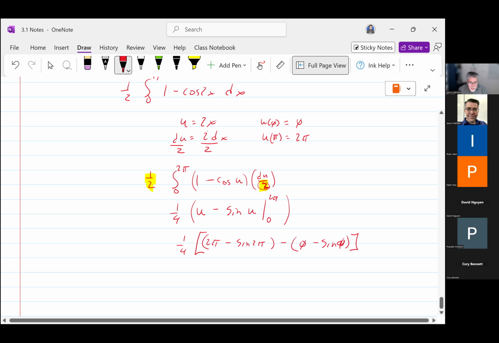Everybody knows that the sine of 2 pi is 0, for all you trig wizards. Everybody knows that the sine of 0 is also 0. So everything goes to 0 except for the 2 pi. The 2 pi is the only thing to survive. So I'm left with 2 pi times 1/4, which is 2 pi over 4, which becomes pi over 2. Number 3.